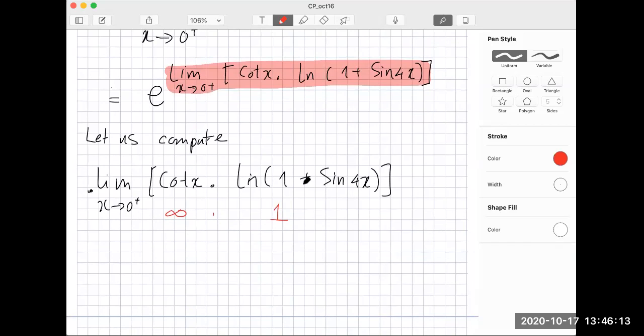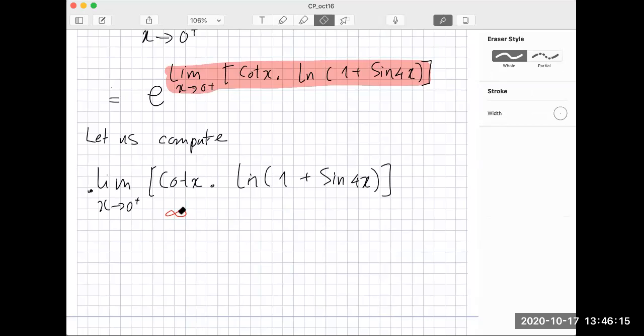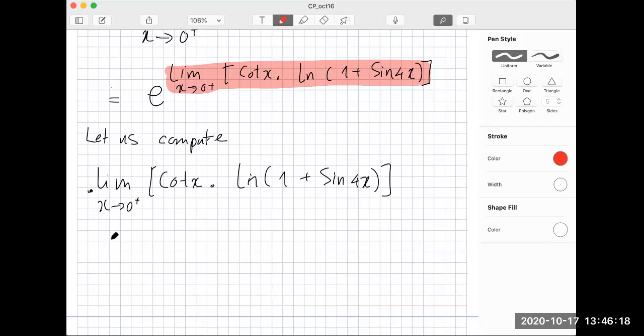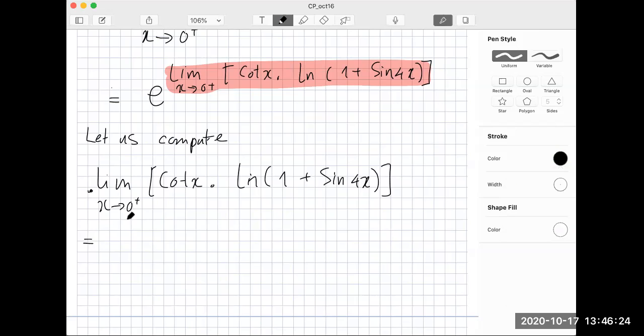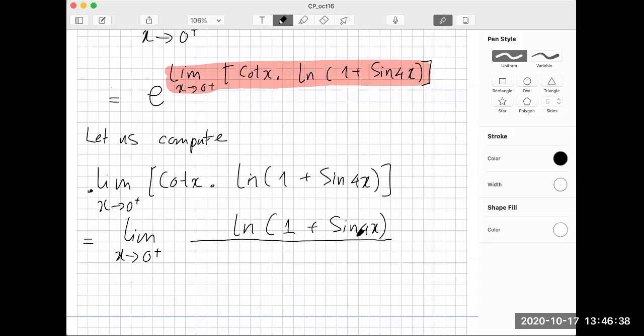But let us write it another way. Can we write it in terms of a quotient? We know that we need to use L'Hopital's rule. Okay, what is it in the denominator here?